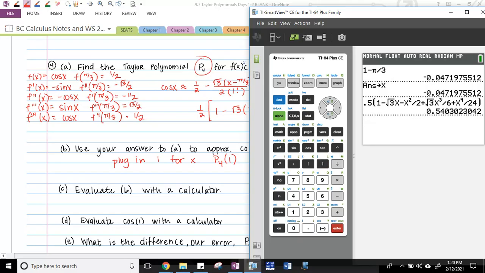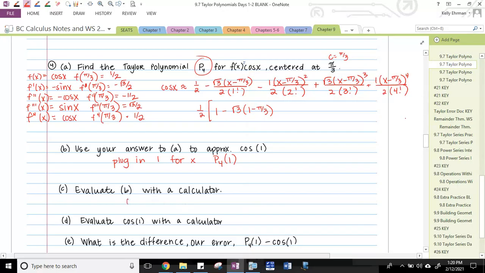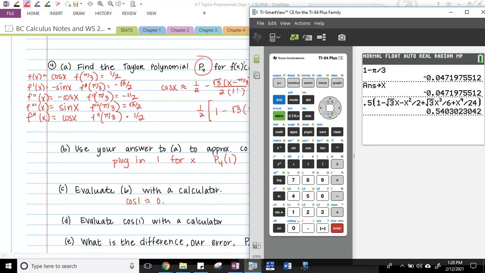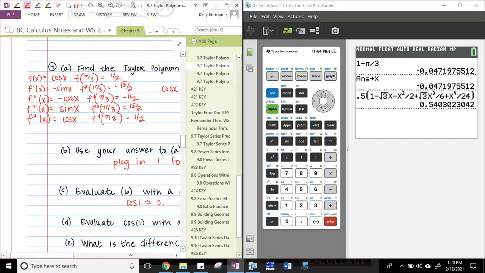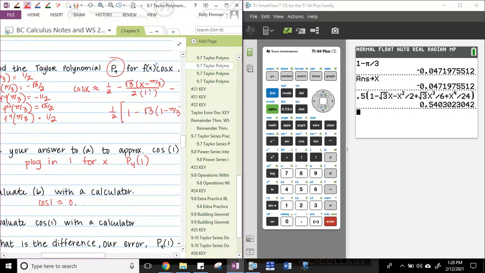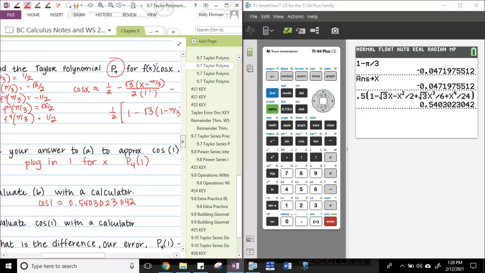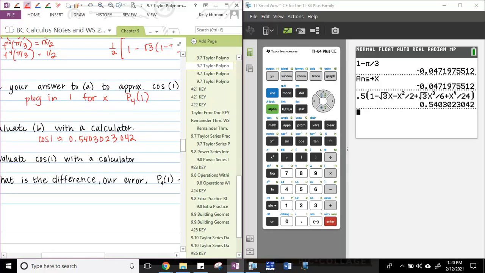So this is what the Taylor polynomial approximates cosine of 1 to be. Cosine of 1 is about equal to 0.5403023042. I'm going to write the whole thing. What does the calculator say cosine of 1 is?